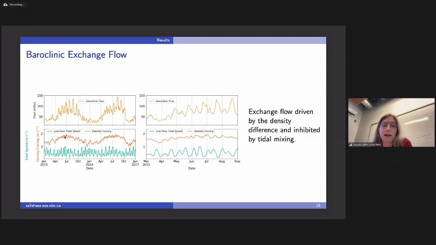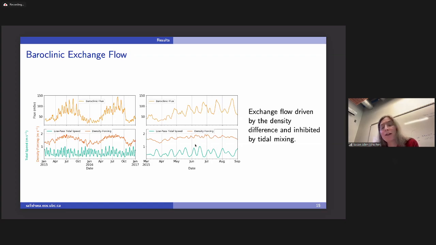In the summertime, the Fraser River is flowing strongly, mainly in the spring here, because of the snow melt. And then here in the late summer, the density difference is large because we have dense water that upwelled on the coast that's gone into Juan de Fuca. And so this gives us a very long, broad summer time where we're pushing a high density gradient. And so we see in the summertime, the baroclinic flux is really strong.